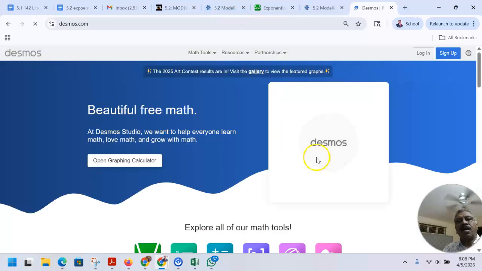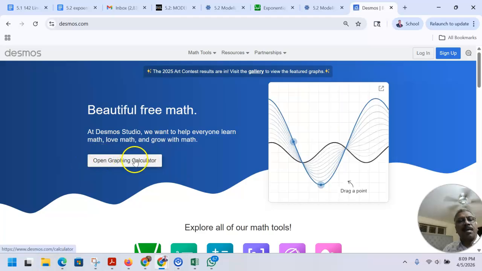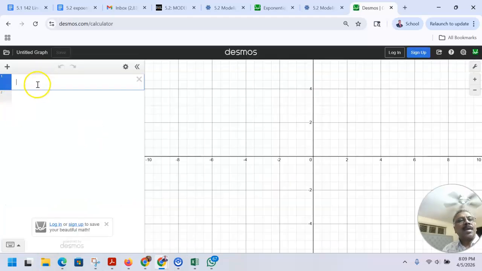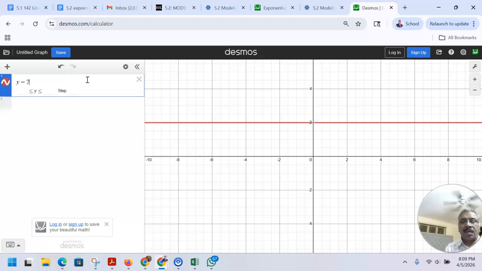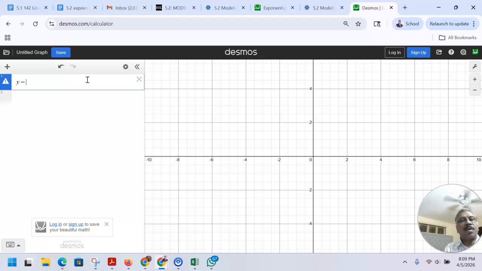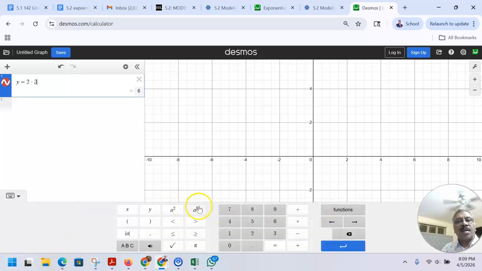If I take desmos.com and click on open graphing calculator here and type in y equals 2 times 3 raised to the power, I can click on this, and you can see there is that a raised to b.